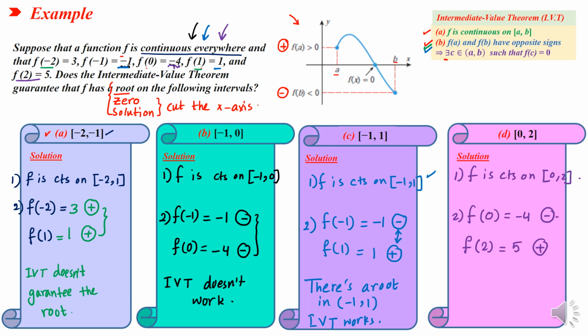So we have opposite signs for the endpoints under the function f, which means the two conditions of the I.V.T. are satisfied for the given function. So there is a root, and the I.V.T. guarantees the root of the function f. And that's it.